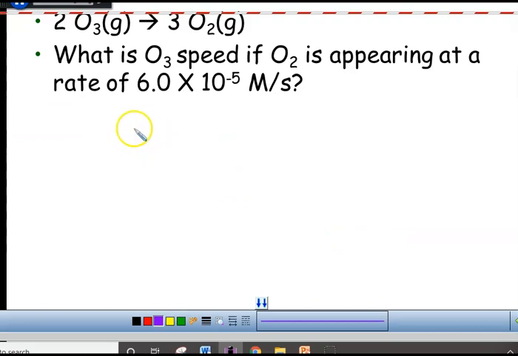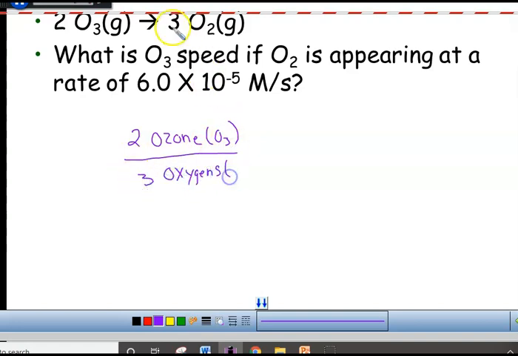All right, so for every 2 ozones, I'm going to write ozone, O3, because sometimes you get mixed up. There are 3 oxygens, 3 O2s, equals, okay, which one do I know? I know oxygen, so this one will go here.